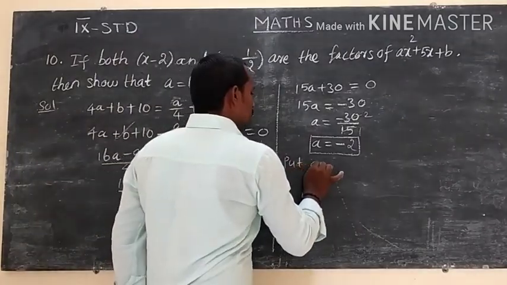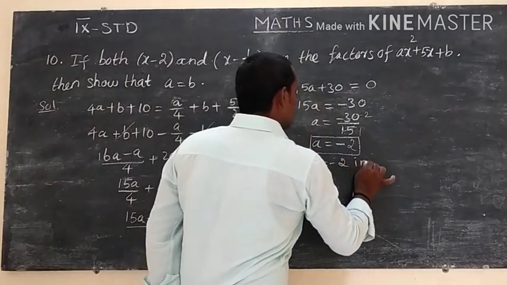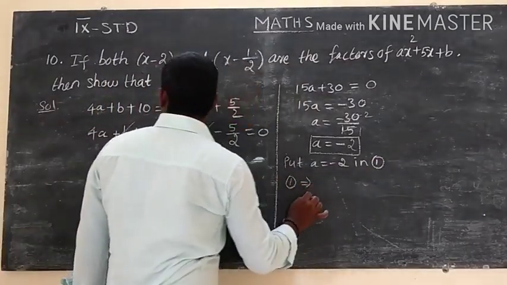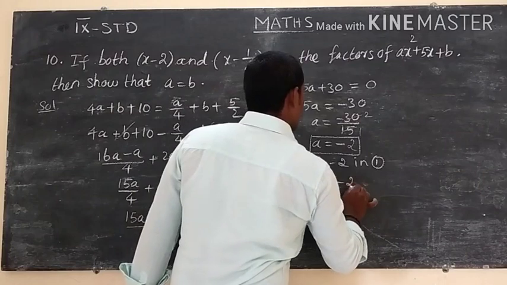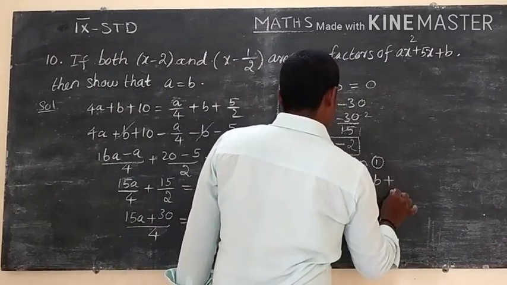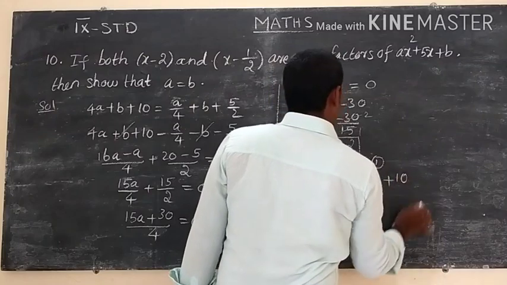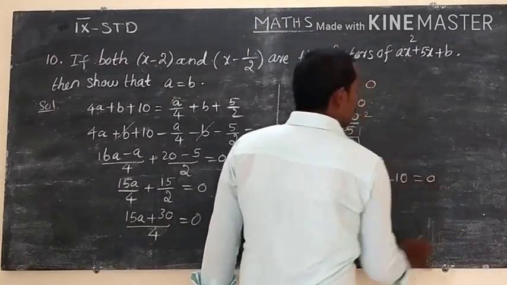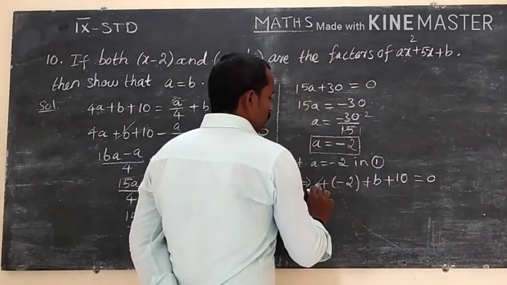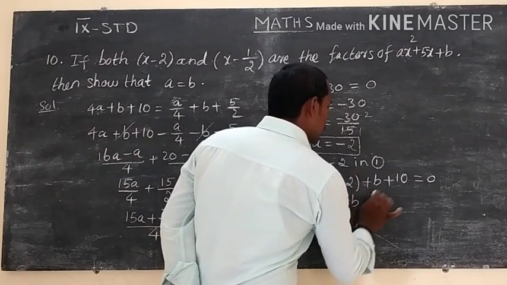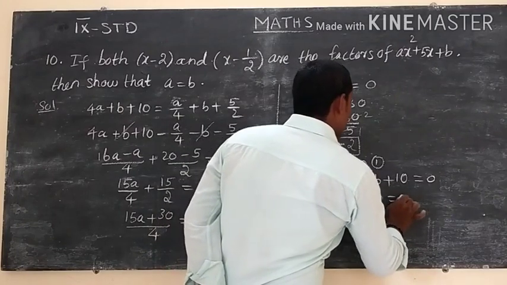Put a equal to minus 2 in the first equation. So 4 into minus 2 plus b plus 10 equal to 0. Minus 4 twos are minus 8, plus b plus 10 equal to 0.